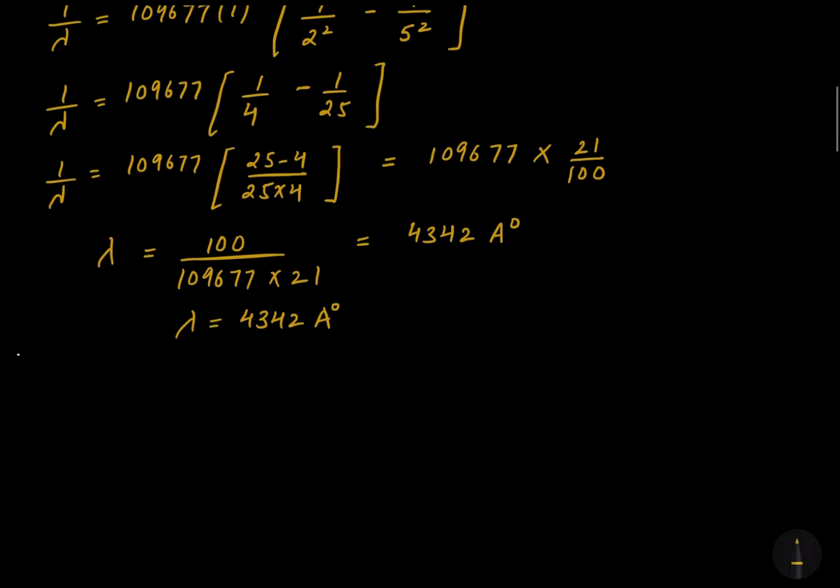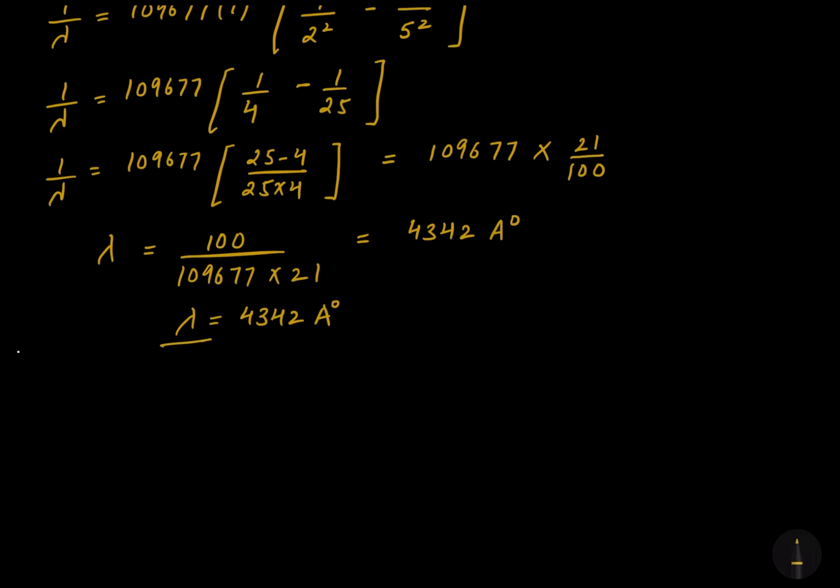Now we have to evaluate the frequency. We have got the wavelength, now it's the turn of the frequency. We know that the formula of frequency is nu is equal to c upon lambda. Here c is 3 into 10 to the power 8 meters per second. So that means we have to substitute the value of wavelength in units of meters.